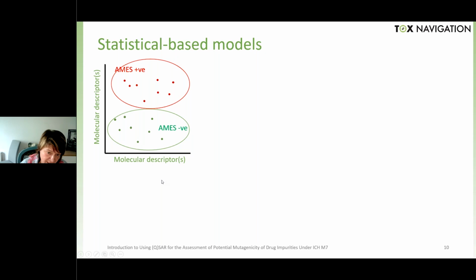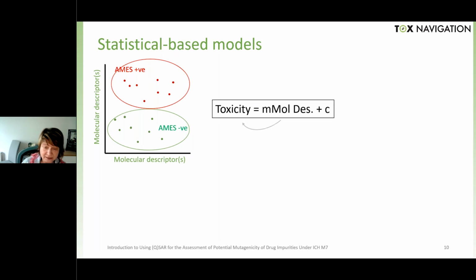So you have the molecular descriptors, and you have a distribution of the molecules, and the idea again here is to group molecules with the same type of activity. But in this case, you're not looking for the chemical functions that are in common. The idea is to build a model that is able to build an equation like this one, where you have the molecular descriptors, and by applying this equation, you can predict the toxicity.